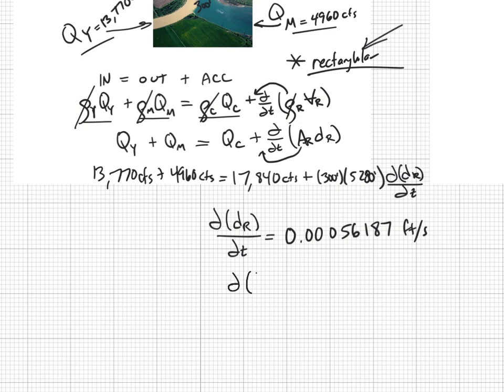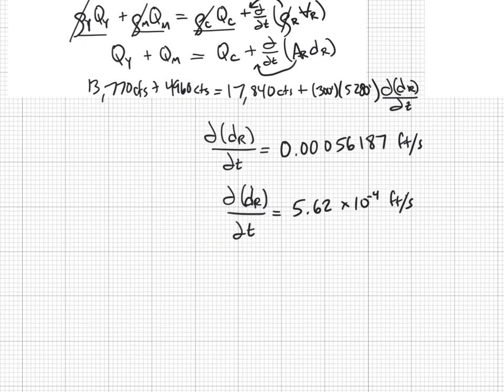Obviously we would prefer to use something scientific: 5.62 times 10 to the minus 4 feet per second. And then it's kind of like, well, is that a reasonable amount? If we convert that, we could say dR/dt equals 2.02 feet per hour.